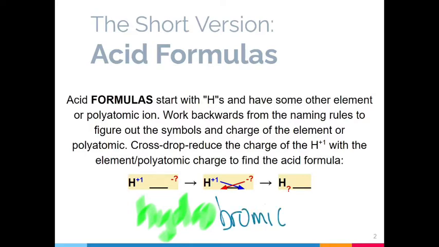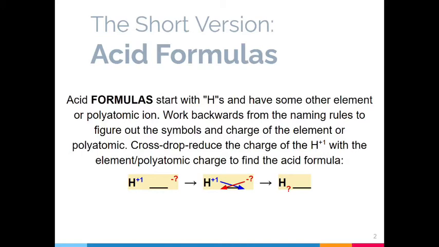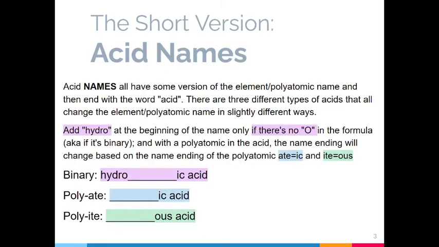If that's hydrobromic acid, long story short, we're going to have a bromine here with a -1 charge, and all we're going to have to do is cross-drop reduce that together in order to make HBr. But we'd have to be able to understand why the name hydrobromic acid means that that is a bromine there. Hopefully it's a little bit obvious, but yeah, we're going to use the name, find the pieces, cross-drop reduce. That's all there is to writing formulas.